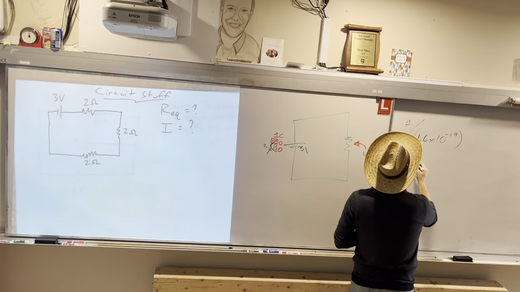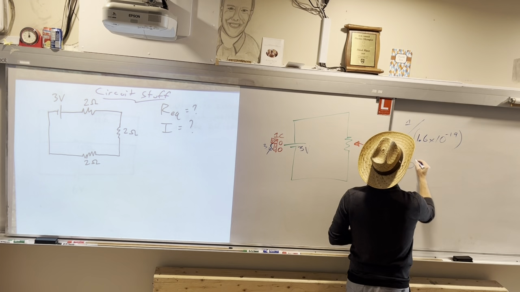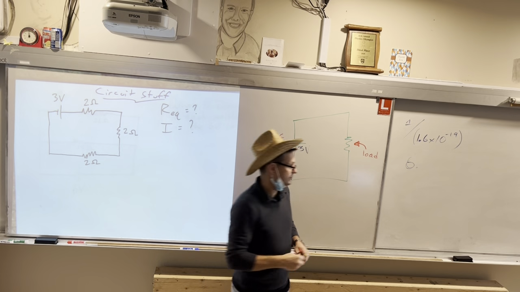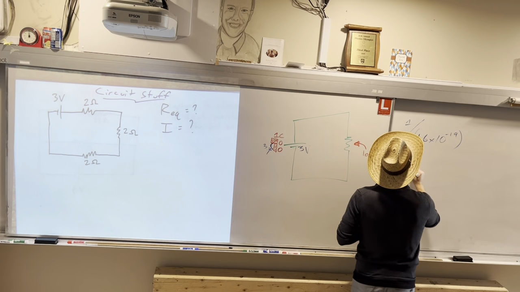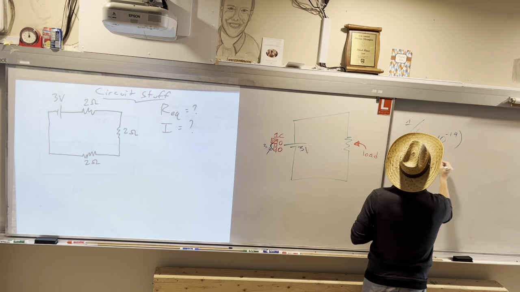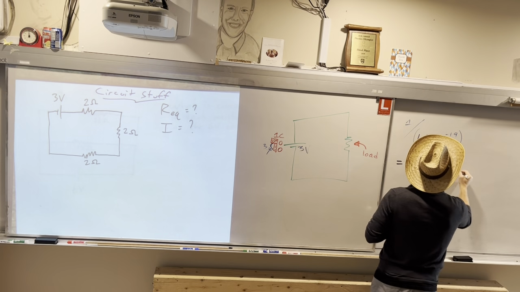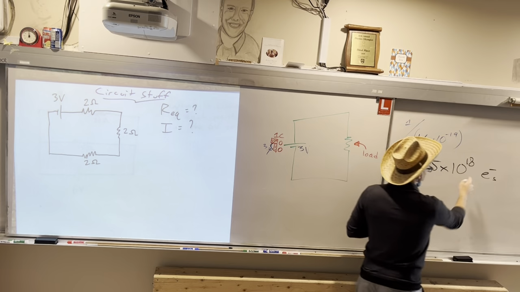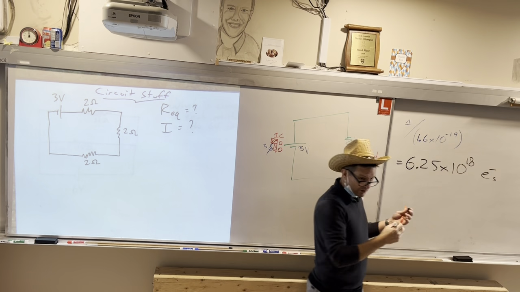No. It should be 6.25, isn't it? Times 10 to the 18. Good, 6.25 times 10 to the 18. And so that's the number of electrons in 1 coulomb.